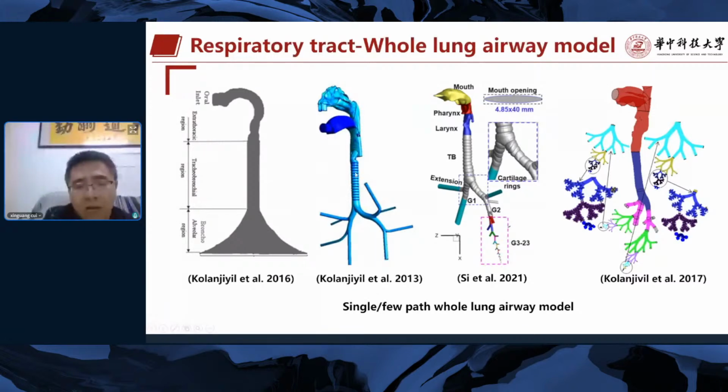It also considers the cartilage rings here. This one is a little bit complex. It extends from generation 3 to the 23rd generation, and it has 5 branches.